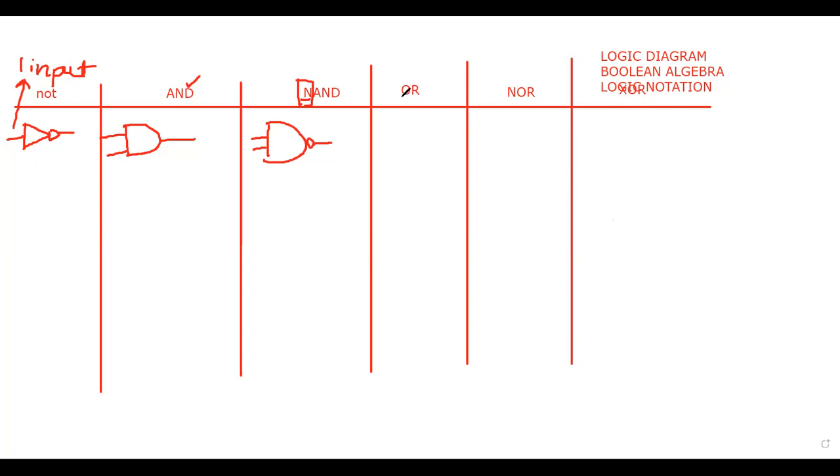Now the OR gate. In the case of the OR gate, the shape has a curve. So I will make the curve and then draw the OR gate in that way. Same two inputs and one output.